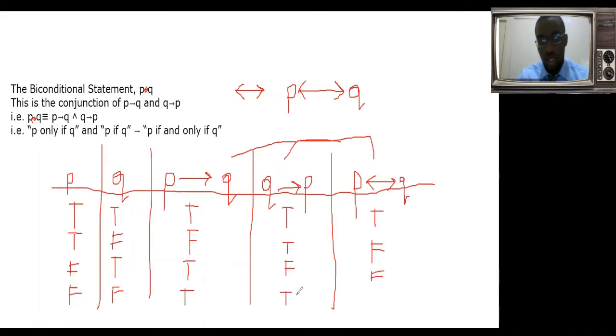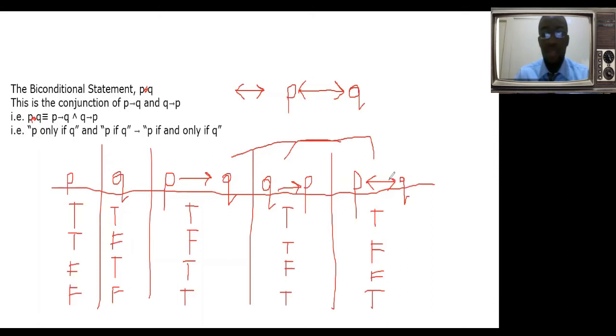And then true and true is true. And so this column now represents the truth result, or the truth table, of a biconditional statement. So the truth table for the biconditional statement of P and Q is true, false, false, true.